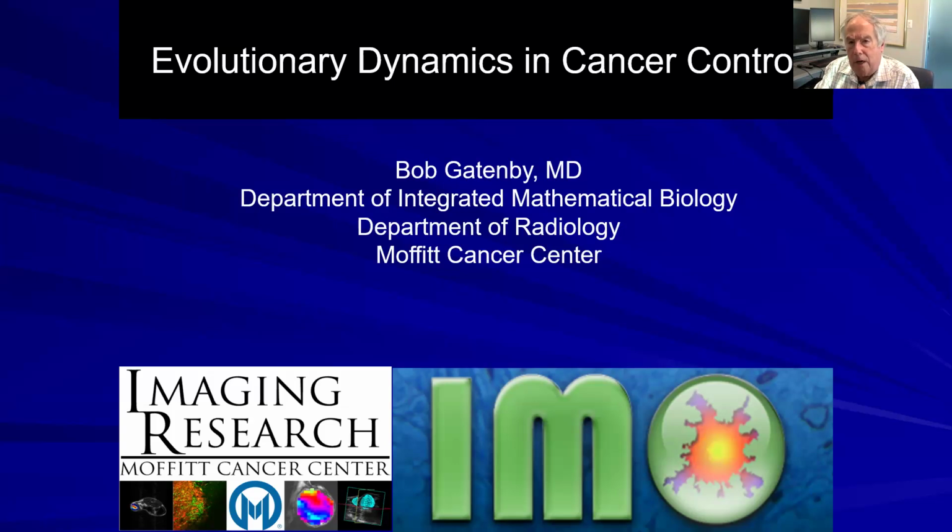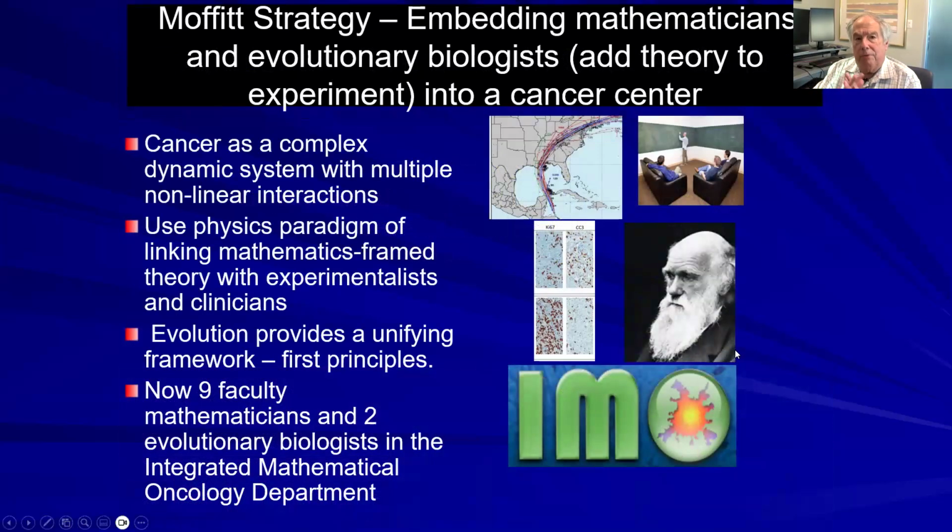I'm going to just talk about how we can apply evolutionary dynamics and mathematical modeling to actual cancer protocols. This is work that was developed at Moffitt, which about 16 years ago decided to embed mathematicians into the cancer center so that we can pretty much mimic the research paradigm of physics, in which there are experimentalists linked explicitly to mathematically based theoreticians.